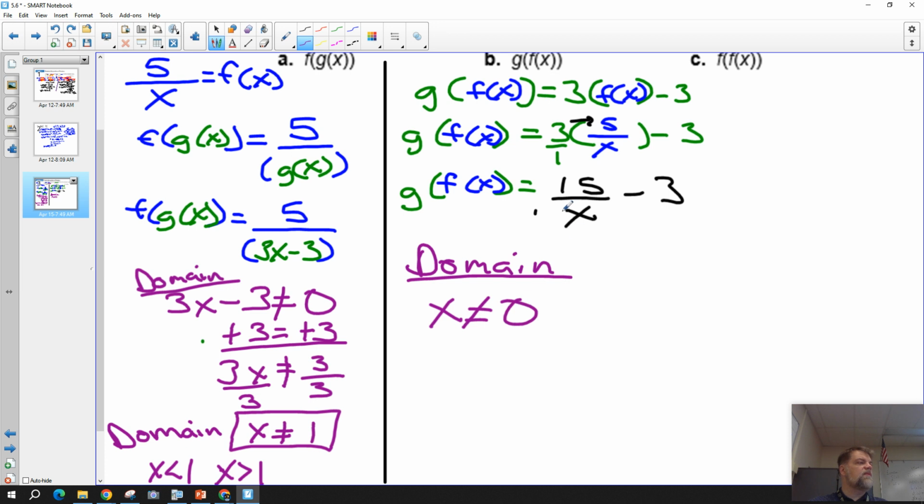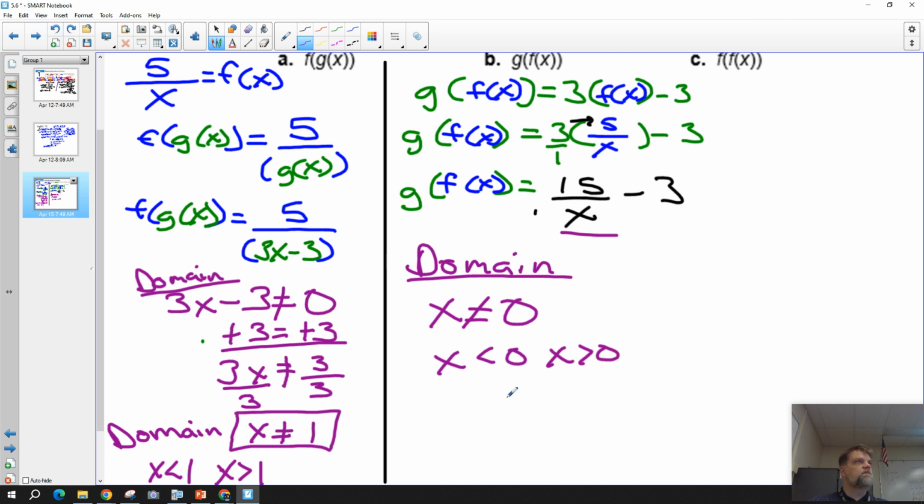This is the denominator, right? That can't equal 0. And so how could you say that? Well, you could say x is less than 0, or x is greater than 0. Some textbooks will have it written like this.